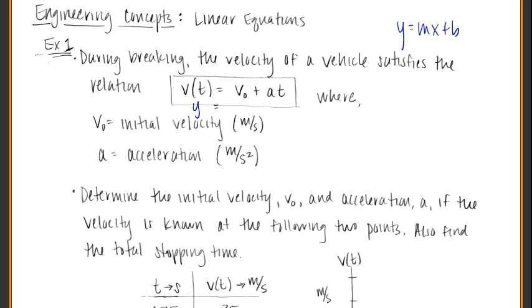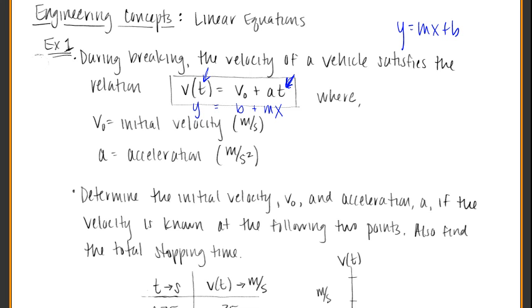So y is equal to, the initial velocity is going to be b, plus our a is our slope, and our t is our x. The reason t is x, our independent variable, like I said before, is that we can just start it and let it run, and there's nothing we can do to affect it. Velocity is what changes with respect to time.